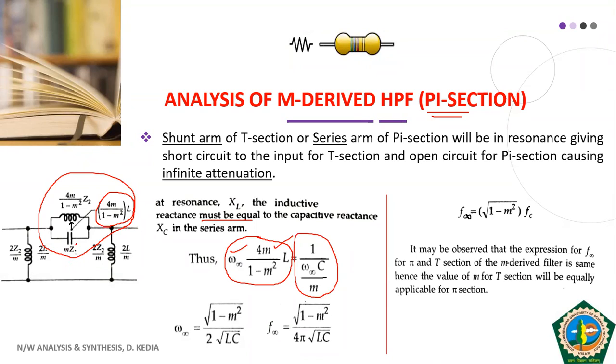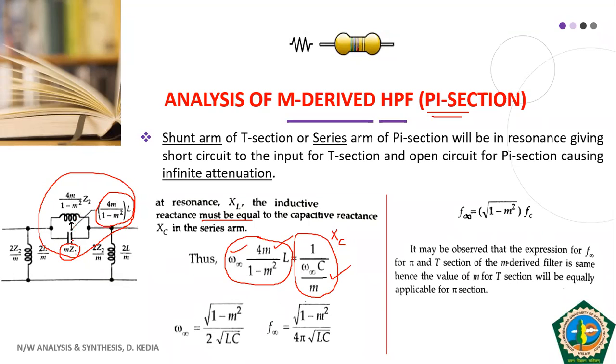You see here, this is written as mZ1, and what is Z1? Z1 is your 1 by omega C. So we have 1 by omega infinity C by m. So we have XL equal to Xc. This is our Xc.